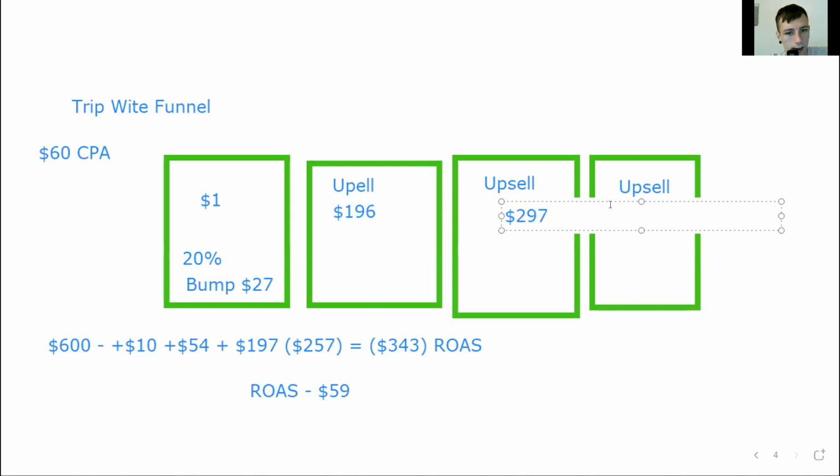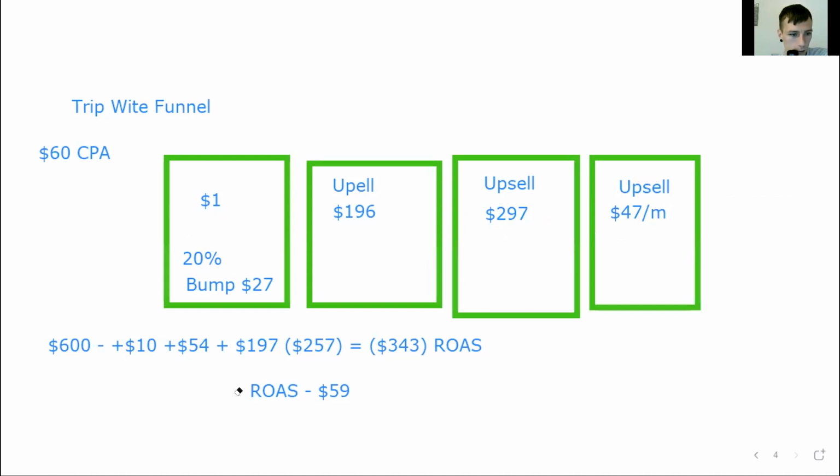And then let's just say that this third upsell is a continuity program at like $47 a month. Okay. So $1 product, 20% order bump, and we got 10% upsell, 10% upsell, 10% upsell.